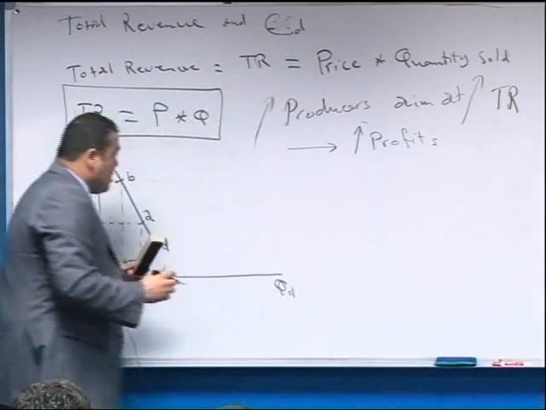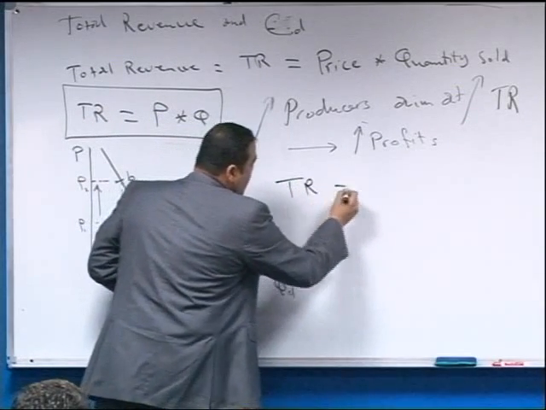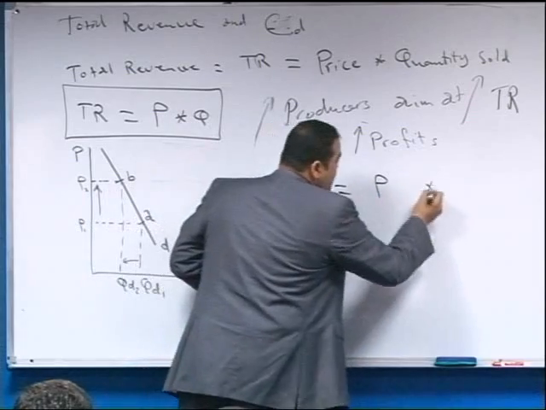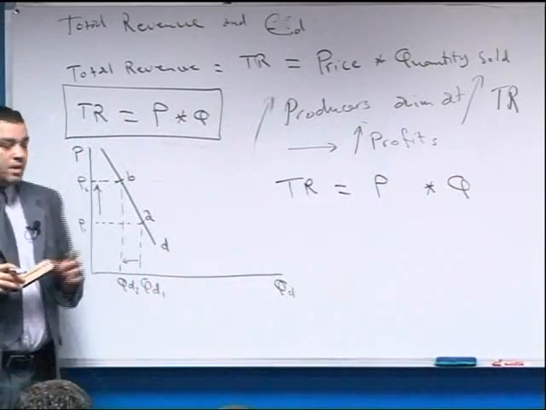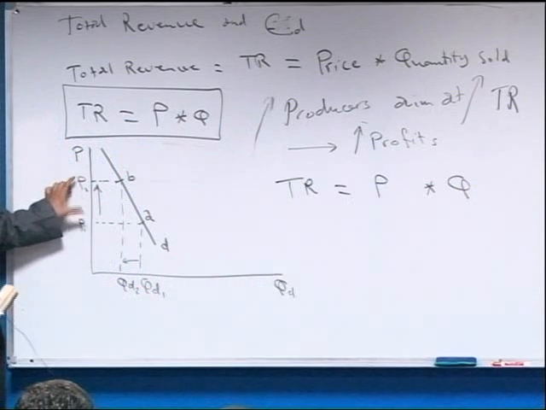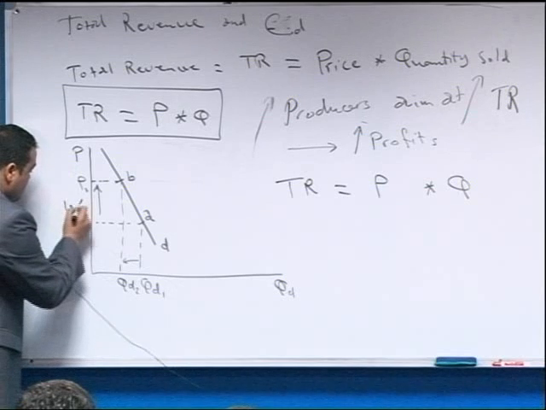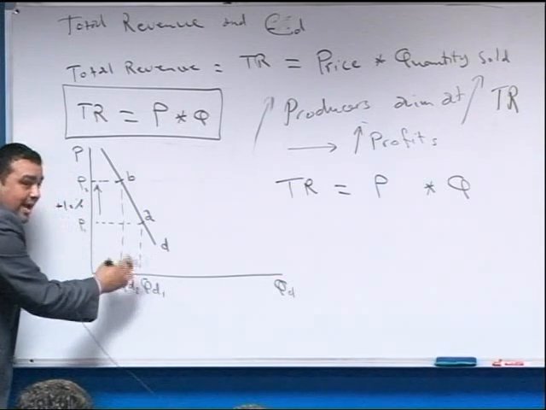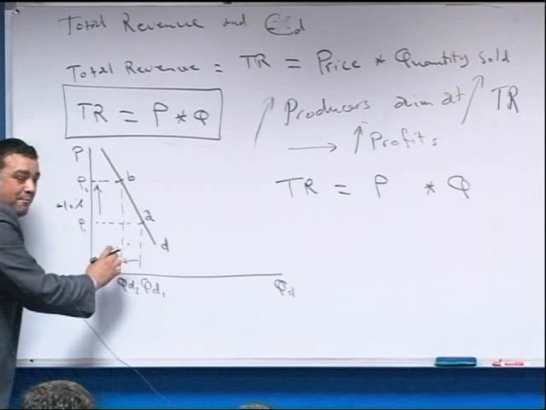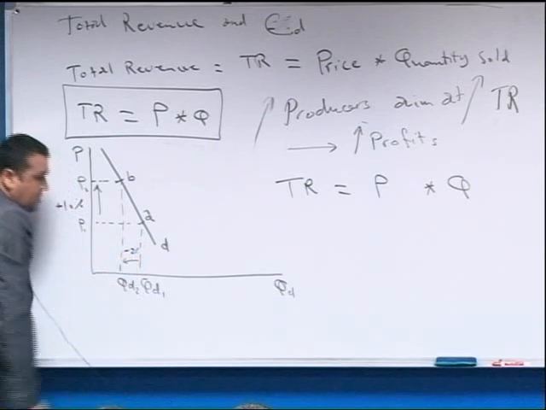Yes. As you know, total revenue equals price times quantities. In this case, if the price increased by 10%, the quantity demanded would decline with a smaller amount. Maybe a decrease of 2 or 3%.